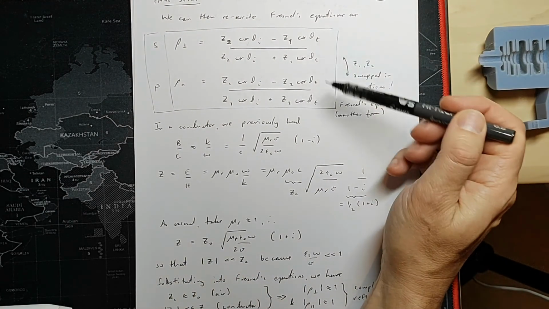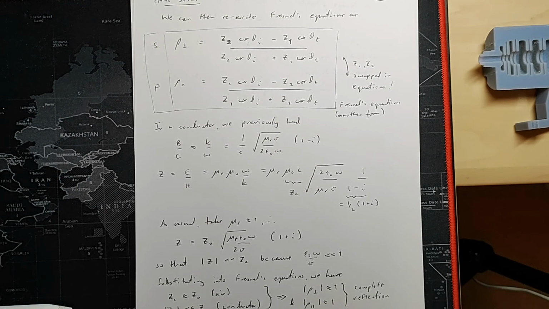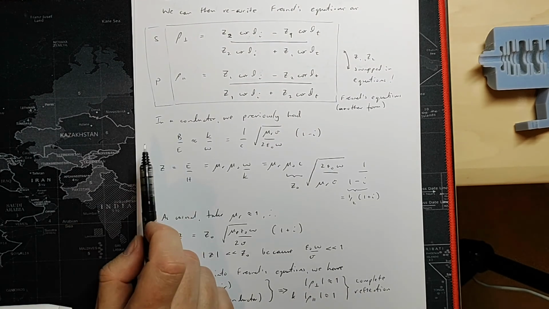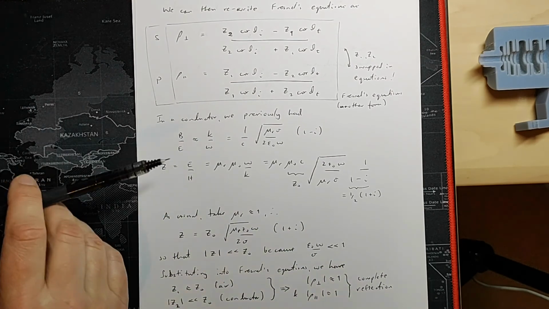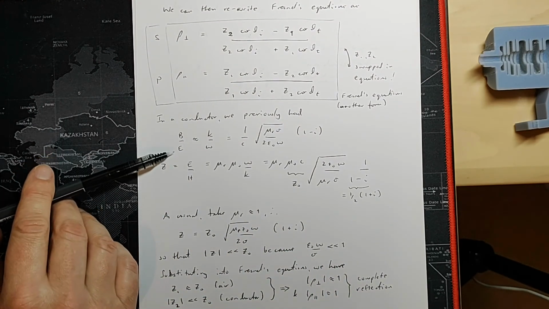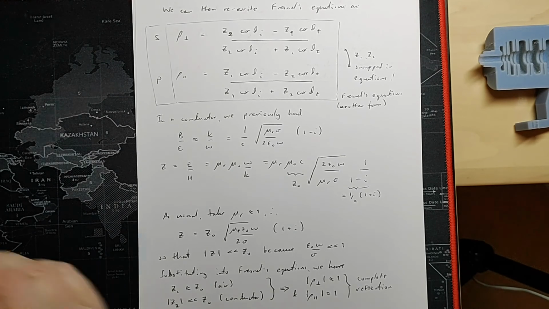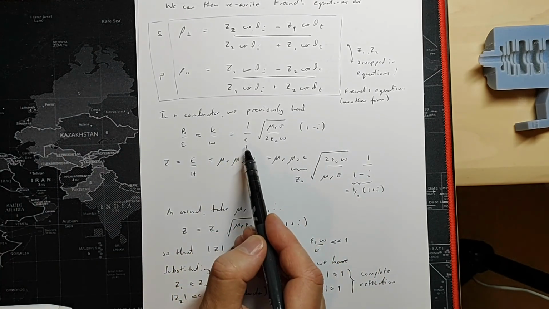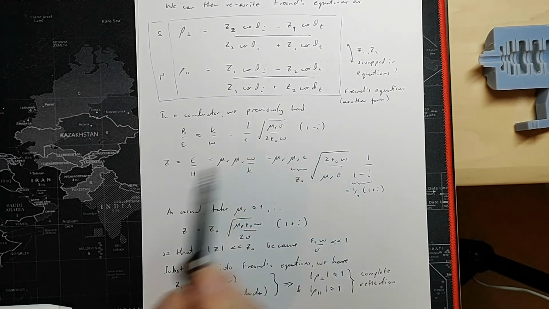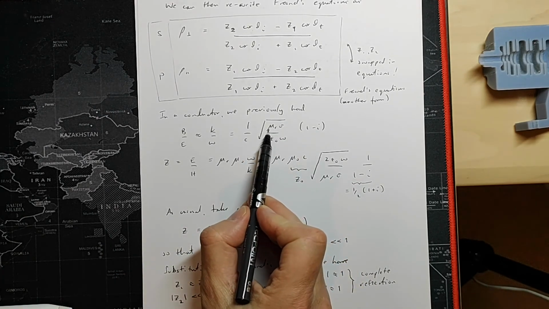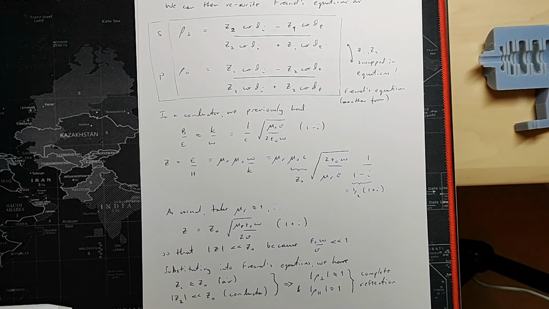So this is the general case, and I can now think about how this looks in terms of a conducting material. In a conductor, I can write down the ratio of the magnetic to the electric field as k over omega. And we saw before that we can write down k over omega for a good conductor in this way: mu naught sigma over 2 epsilon naught omega, and we have this complex term.